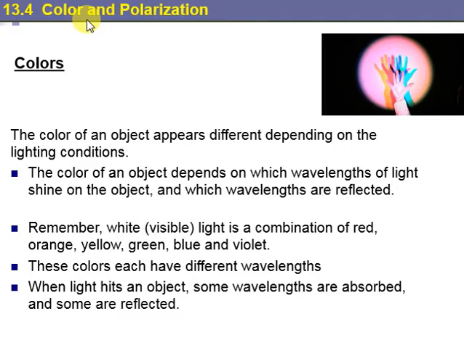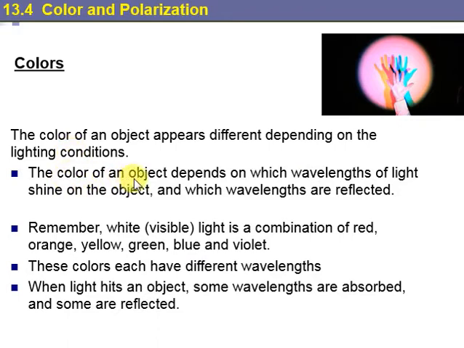Because you are receiving the reflected rays coming from the mirror. The same thing happens with everything around you. When you look at everything, you are able to see this thing because the object is reflecting rays or light into your eyes. Okay, so the color of an object appears different depending on the lighting conditions.